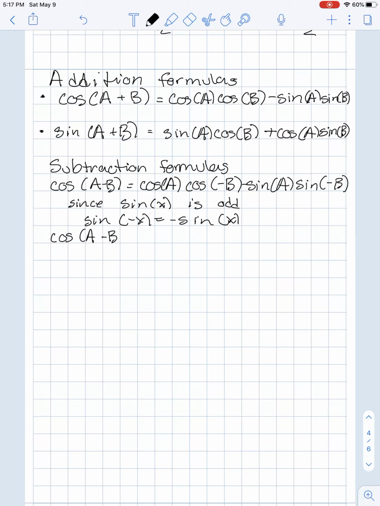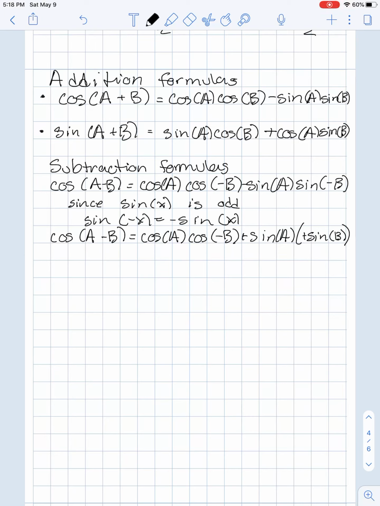So cosine of A minus B will equal cosine of A, cosine of negative B, minus sine of A times negative sine of B. Well, a negative times a negative makes those both positive.